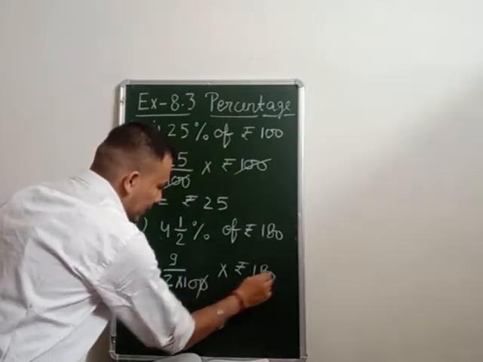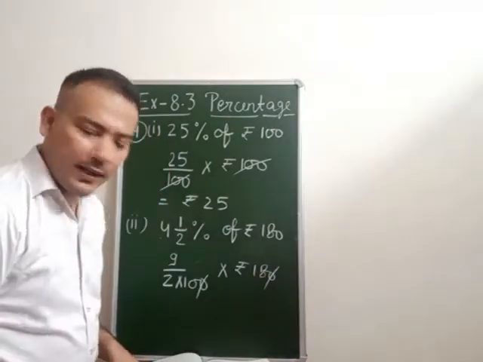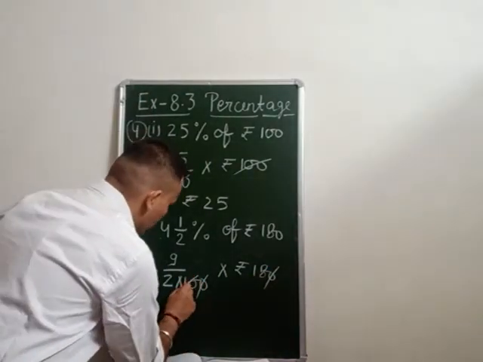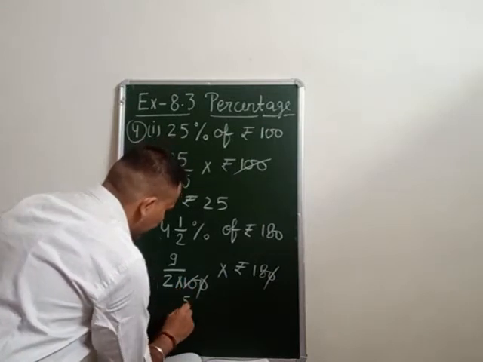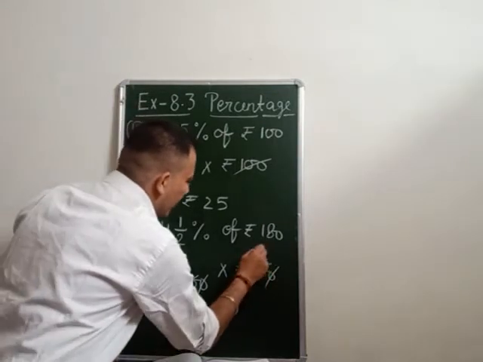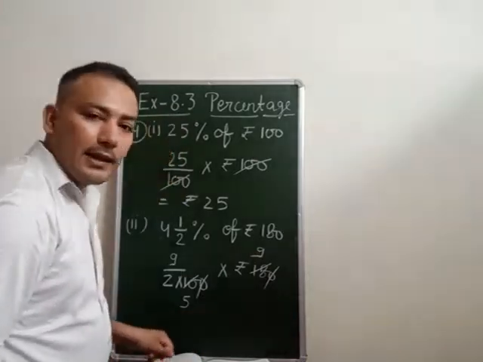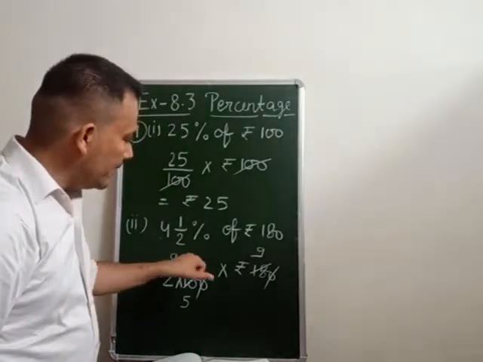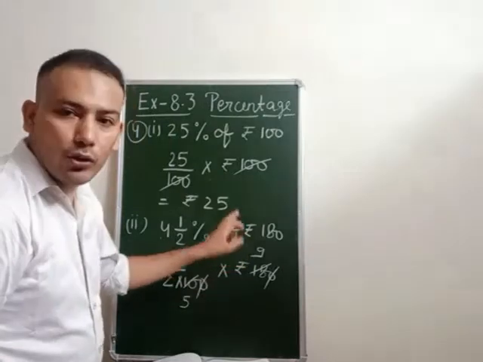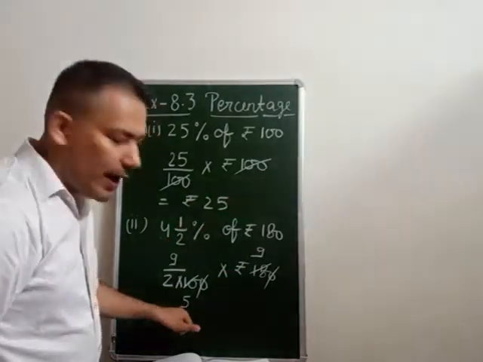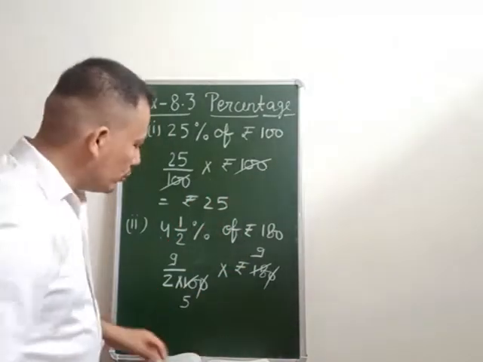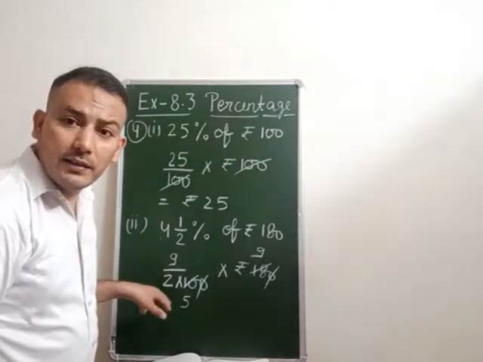We can cut a 10 from 100 here. Then 2 5s are 10, 2 9s are 18. Any other number we can divide up and down? 9 is here as a numerator, and 2 and 5 as a denominator.